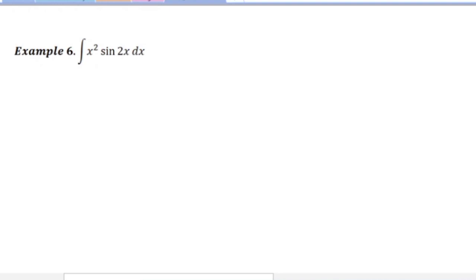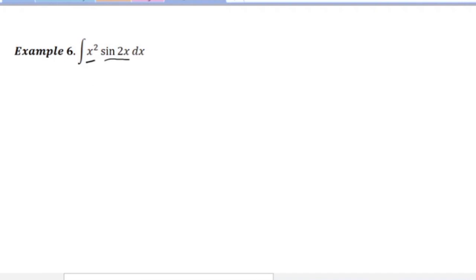Example number 6, we have the integral of x squared sine 2x dx. So, makikita natin dito that we have the algebraic x squared and the trigonometric sine 2x.